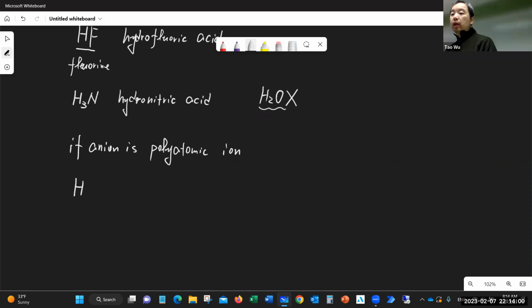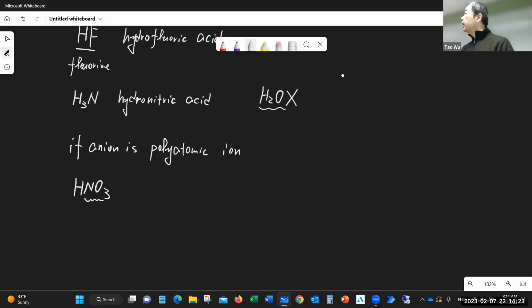For example, HNO3. In this case, you just need to go to your common ion sheet to look at the name of this anion. Take out your common ion sheet and find out the name of this NO3.